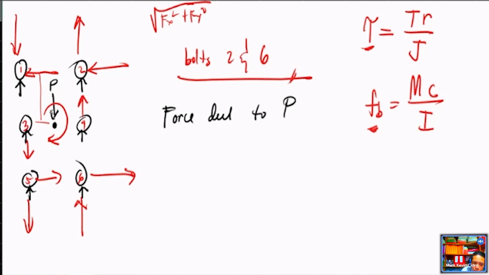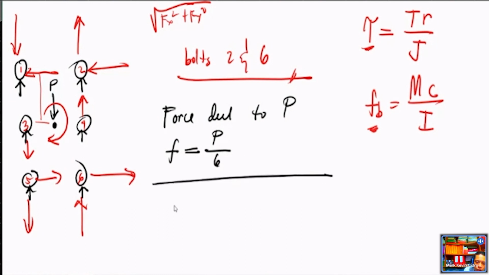Let's name it F, for force, not to be confused with flexural stress. F is just equal to the force P acting at the centroid divided by the number of bolts. The number of bolts here is 6.